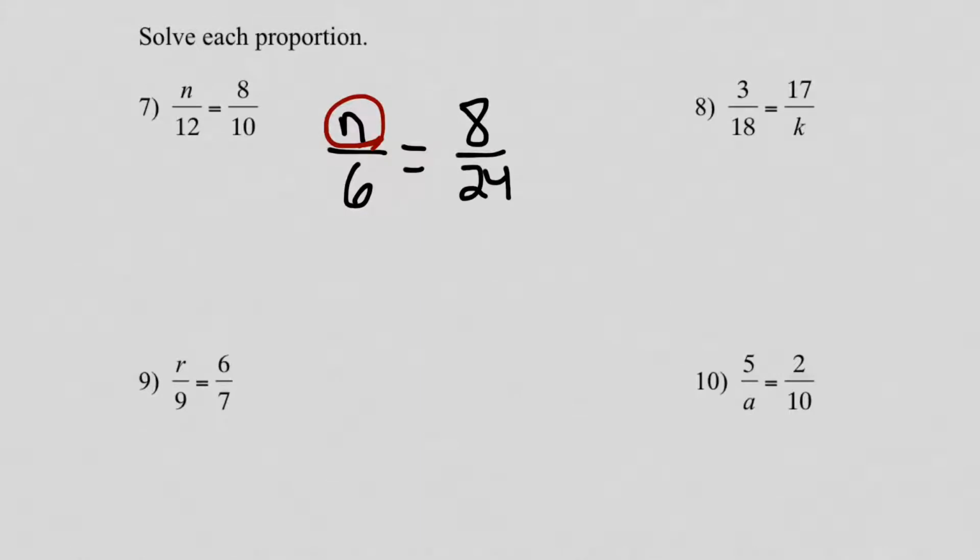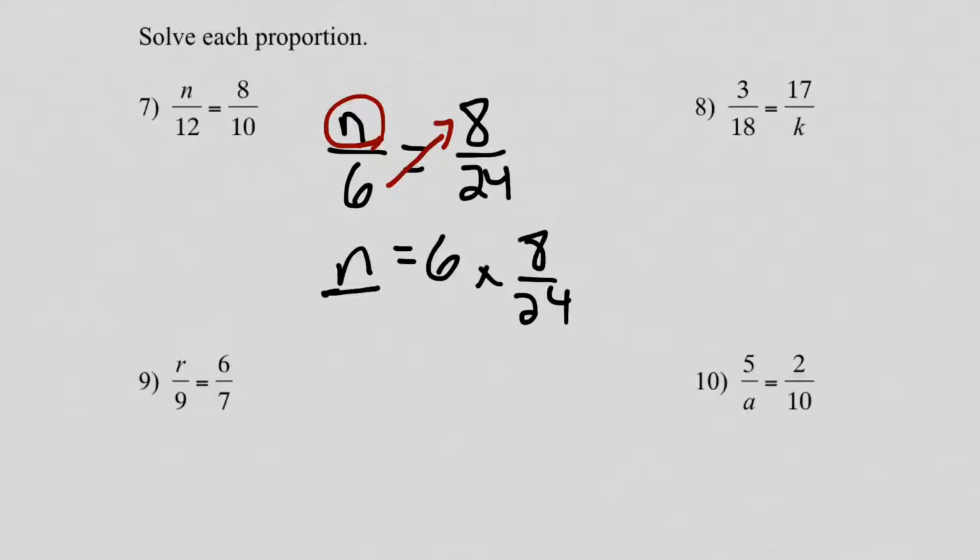So what's going to happen is, if the n needs to be isolated, the 6 needs to come up for multiplication. And n is equal to then 6 multiplied by 8 over 24. Now we can just evaluate that because we've isolated n, so we can solve for its value.